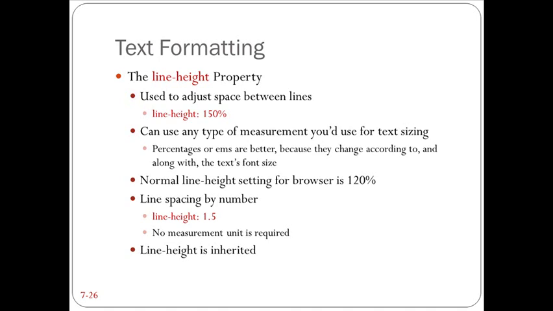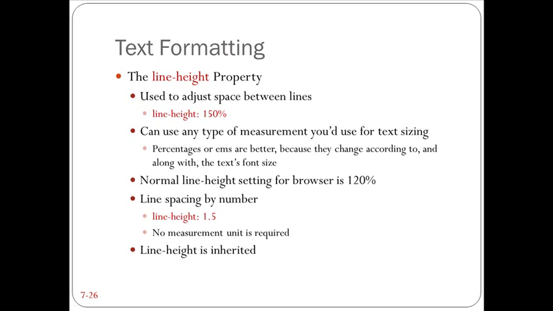The normal line height for a browser is 120%. That's 1.2 EMs. Now that means from baseline to baseline. So from the baseline of one line to the baseline of the next line, it's going to be 120% of whatever the text height is, or 1.2 EMs from baseline to baseline.